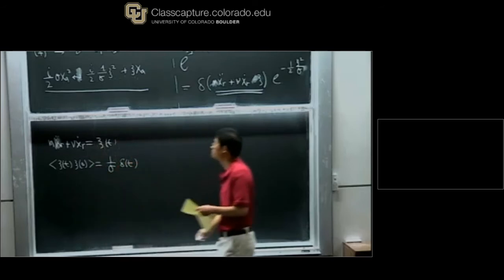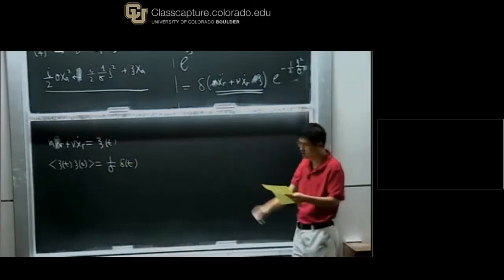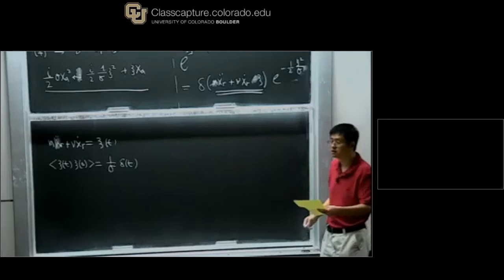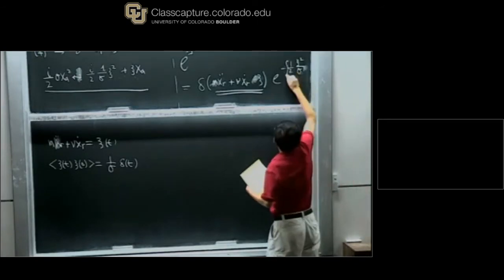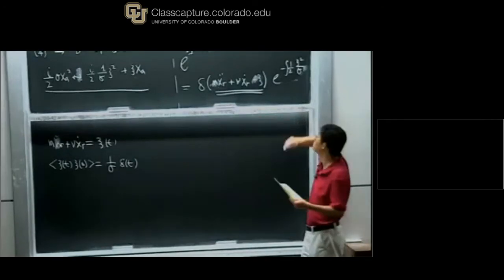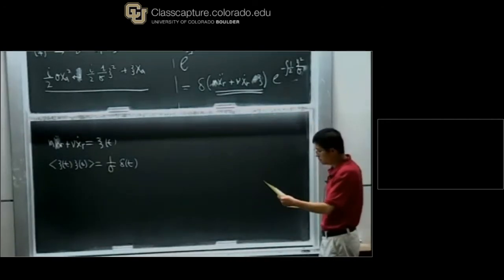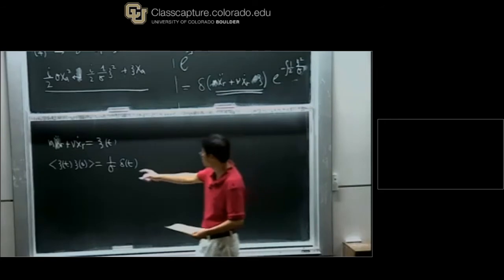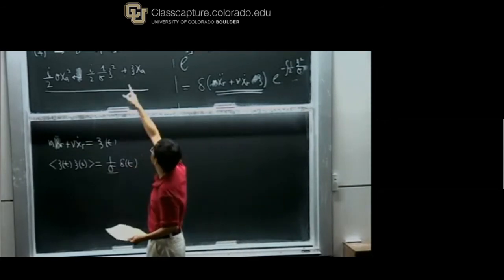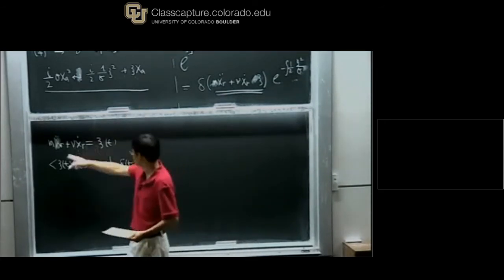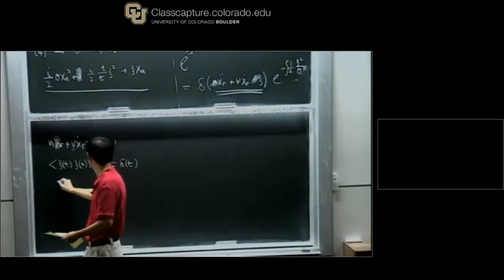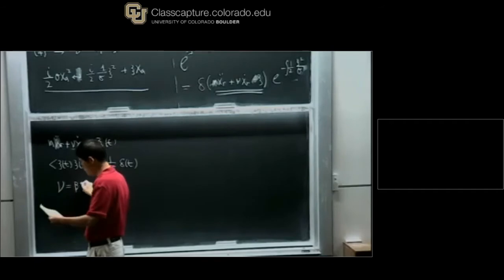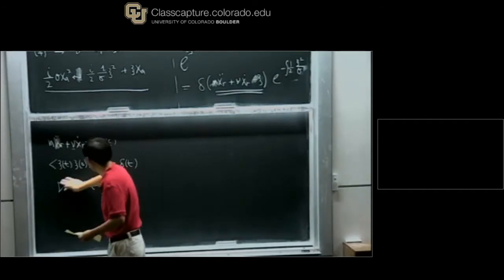Yes, because psi has a Gaussian distribution. And the relation between this sigma and that nu, so now you see this and then nu, this is just the Einstein relation, the relation between nu and beta sigma. Let me just write it there.